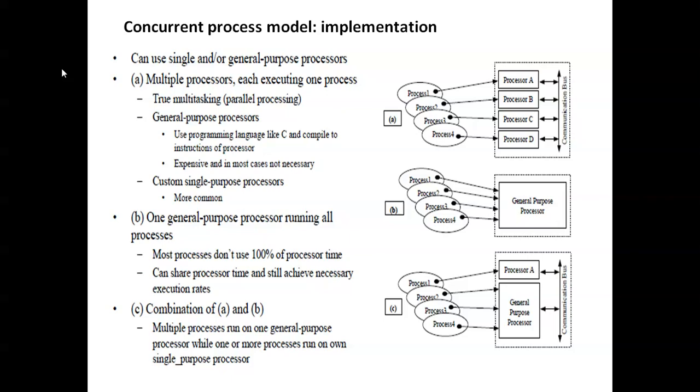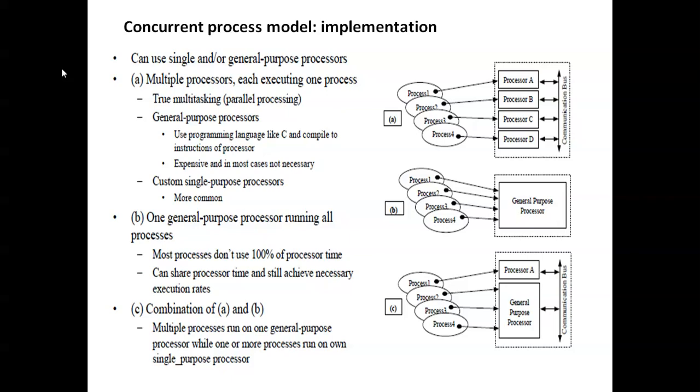There is another concurrent implementation: one general purpose processor that will run all the processes. In the previous one, there are four processors and four processes, so each processor executes one process.